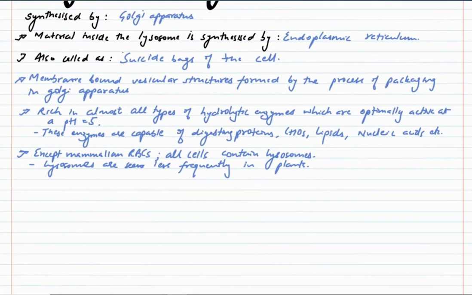Now, lysosomes are covered by a membrane which is similar in structure to the cell membrane. There are almost 50 types of hydrolytic enzymes in each lysosome. The membrane of lysosome has an active H+ pumping mechanism which produces acidic pH in the lumen of lysosome.